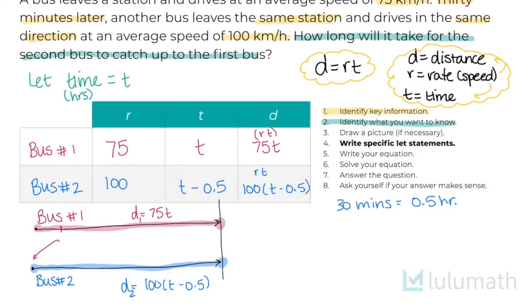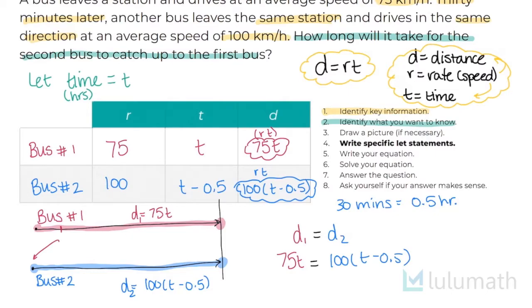Well, they start at the same spot and they will catch up at the same spot, which means that the distances are equal to each other as shown in our picture here. So we know that D1 is going to equal D2. So therefore, we can say that D1, which is the 75t that we have here, is equal to D2, which is this 100 times t minus 0.5 that we have here. And just a reminder that we also have it here and here.